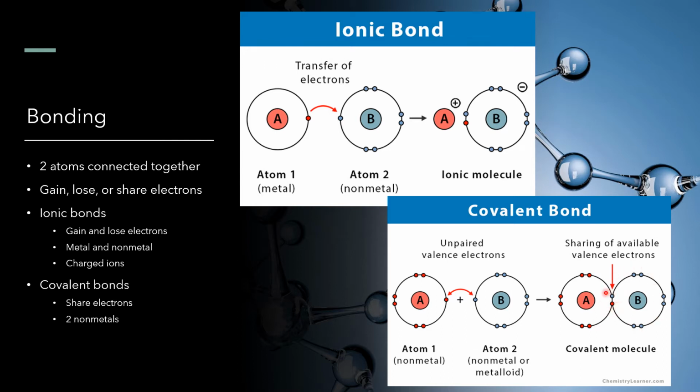And really that's what ultimately all atoms want. They want 8 electrons around the outside. So in all of these cases, what these atoms are really doing is trying to get 8 electrons on the outside in the valence shell. That's sort of the goal here, because that's the most stable.